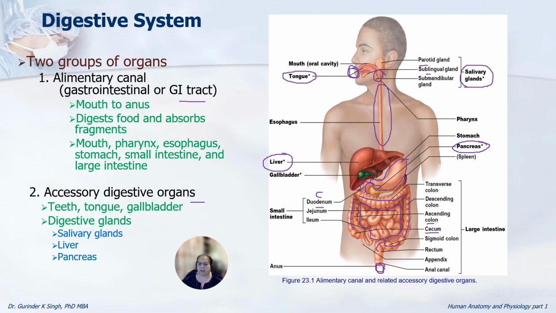We also have a number of small glands scattered around, sometimes unicellular glands, present in the stomach, in the small intestine, and even in the colon. But the major large glands are the salivary glands, the liver, and the pancreas.